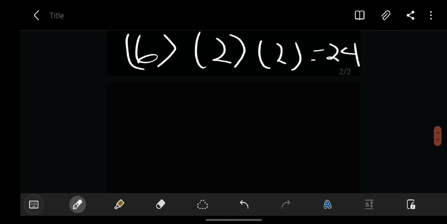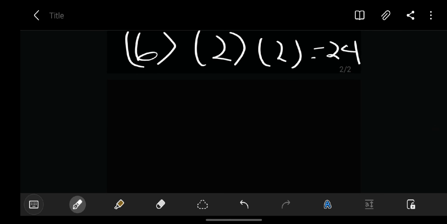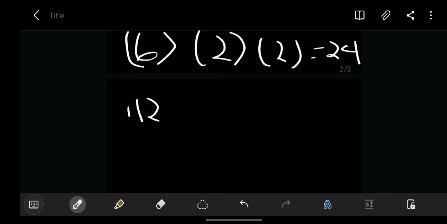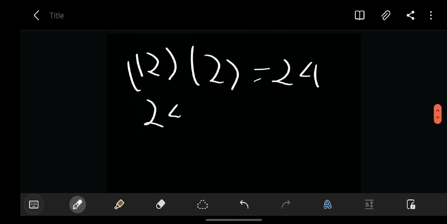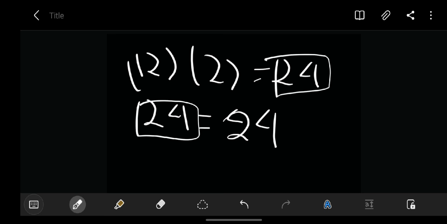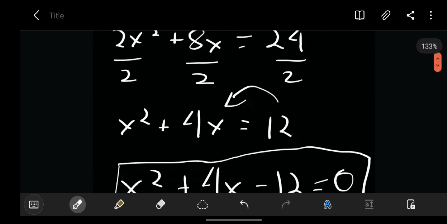So let's multiply 6 times 2. 6 times 2 equals 12, times 2 equals 24. Now we've got the same value as this one, meaning our calculations are correct.